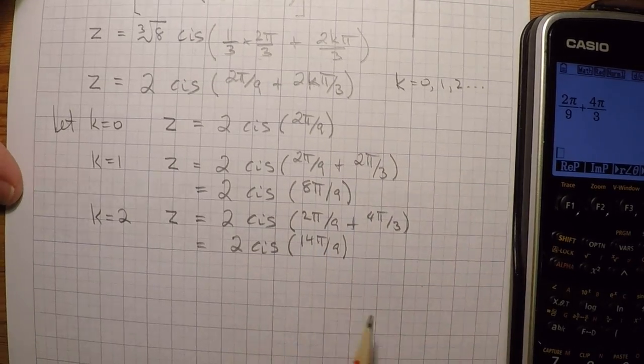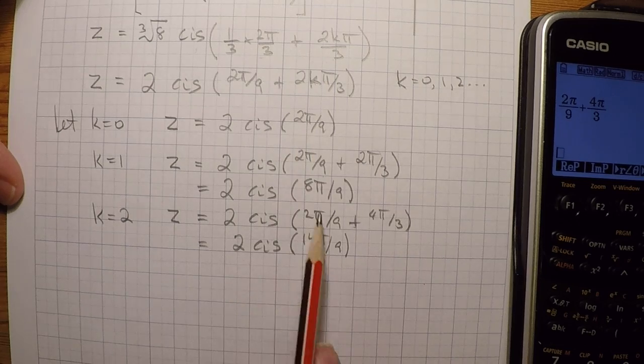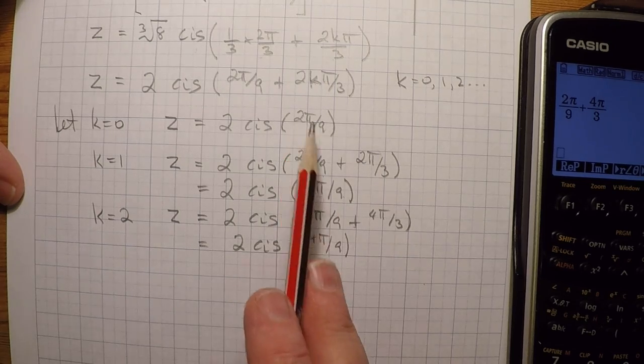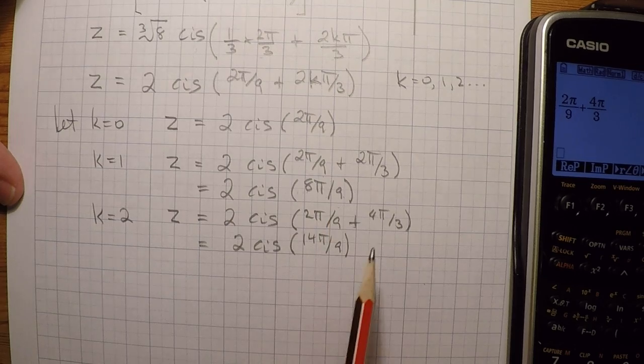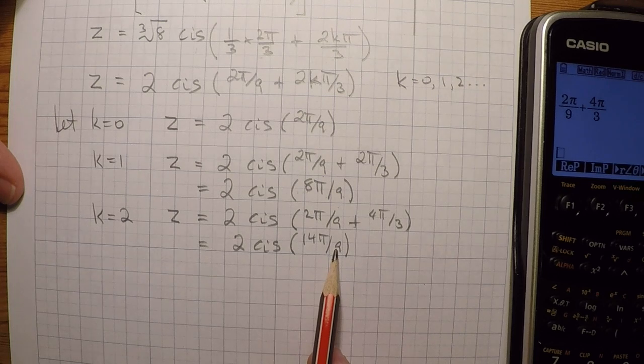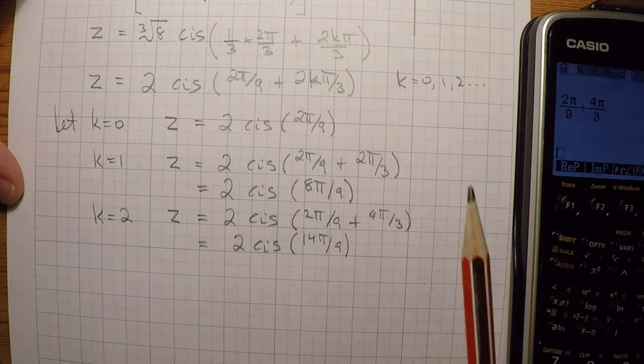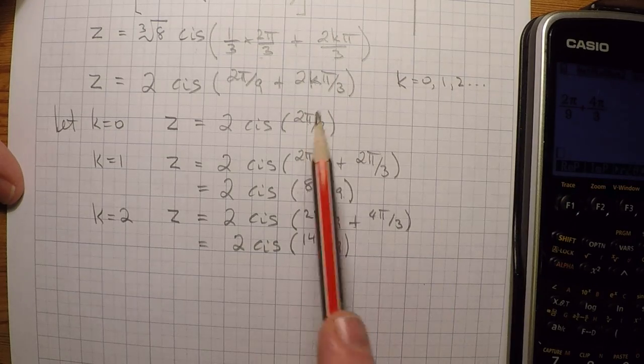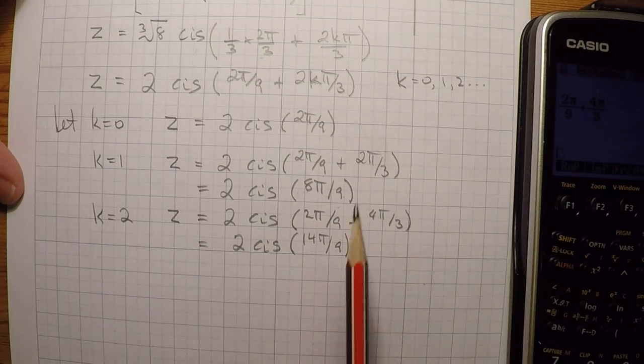Now you can probably see a pattern here. 2 pi over 9, 8 pi over 9 differs by 6 pi over 9. 8 pi over 9 increases again by 6 pi over 9. If we go again, if we increase that by 6, we'd have 20 pi over 9. And if you think about it, 20 pi over 9 would be the same as this with a full 2 pi rotation added.